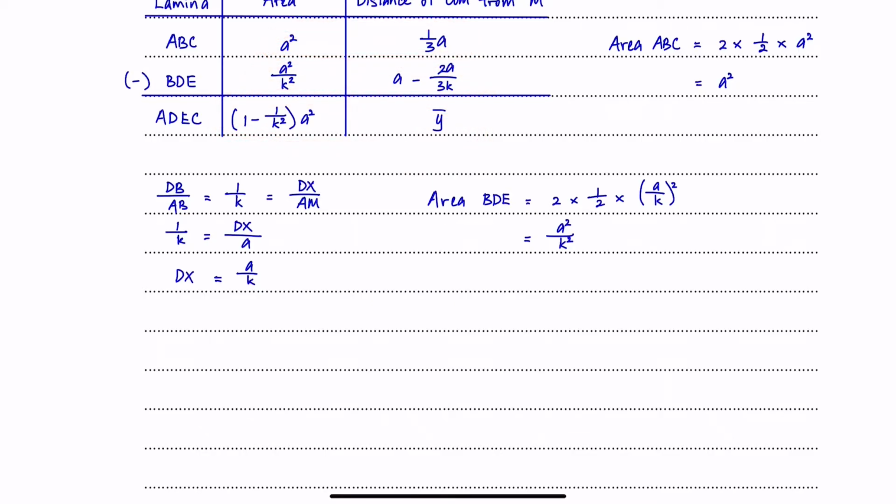So we have A squared times 1/3 of A minus A squared over K squared times A minus 2A over 3K equal to 1 minus 1 over K squared, A squared, times y bar.